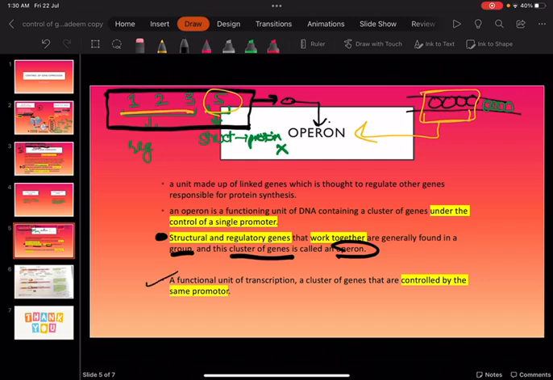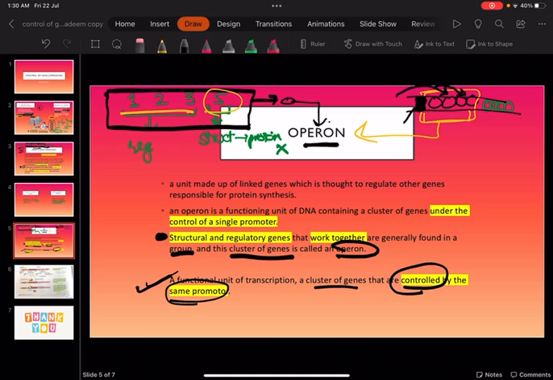Another important thing that you need to know is this. The functional unit of transcription is called an operon, and the cluster of genes that are controlled by the same promoter. Now, what is a promoter? Promoter is basically the area behind the operon that actually allows the regulatory genes and the structural genes to be activated.